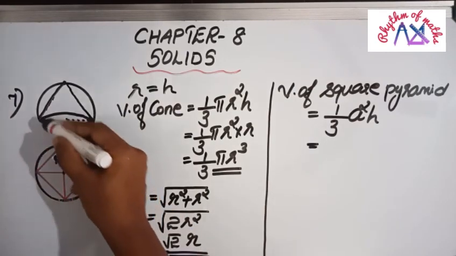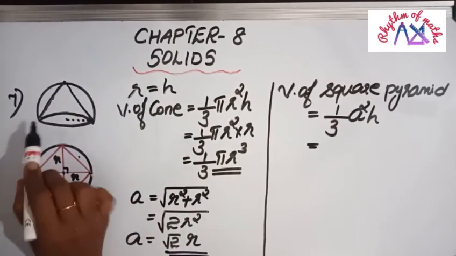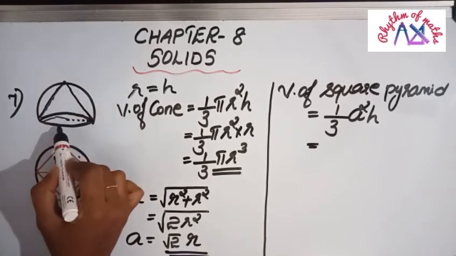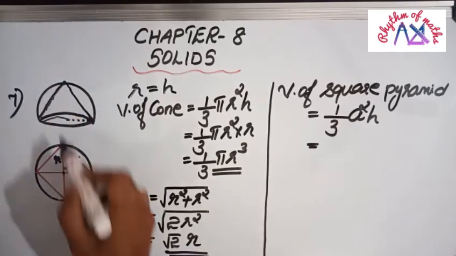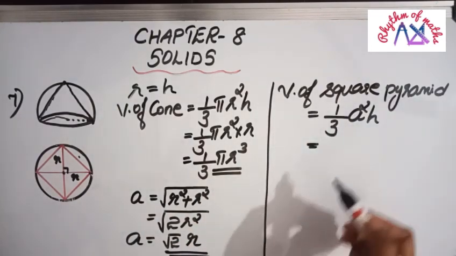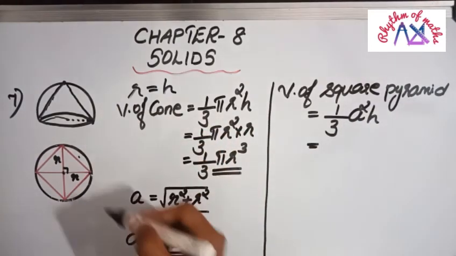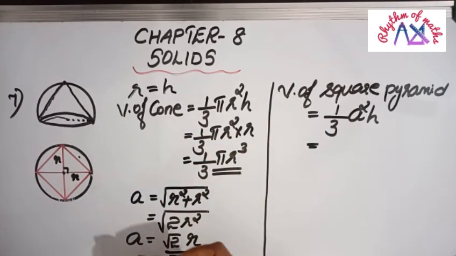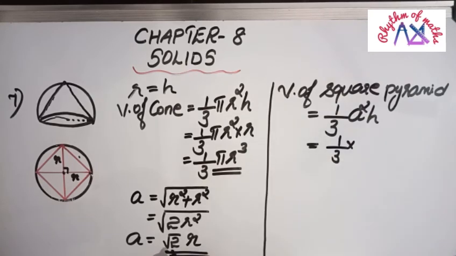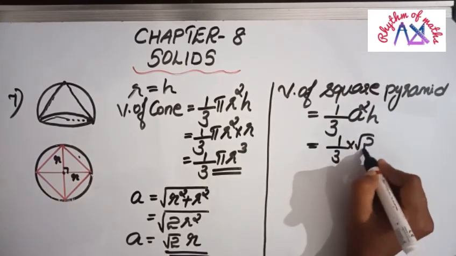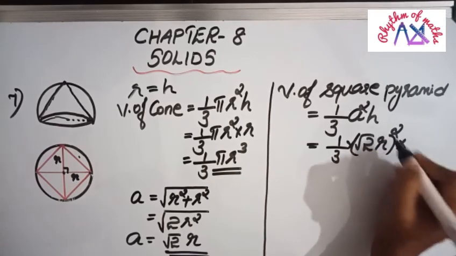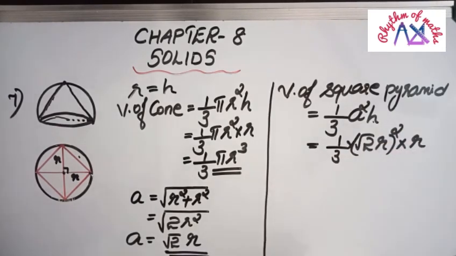Now here, height of this square pyramid will be what? This is created from a hemisphere. Okay, in this base portion square comes, and height we can take as the maximum height of the hemisphere, that is radius. Same r will be square pyramid's height. Okay, height will be same for the cone and for the square pyramid. So 1 by 3 a square, that is a is what? Root 2 r, the whole square, into h, which is also r.